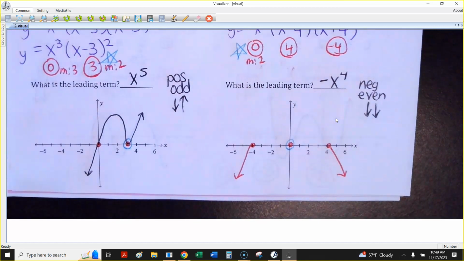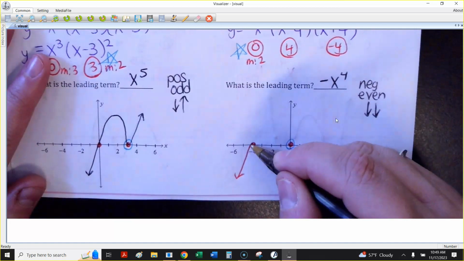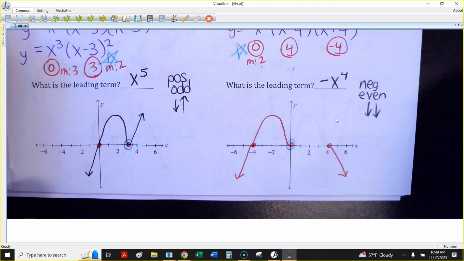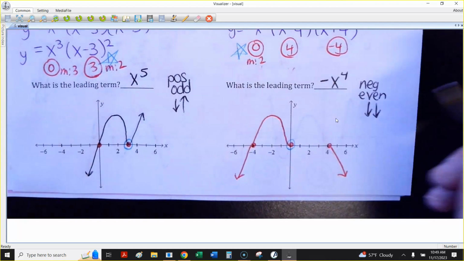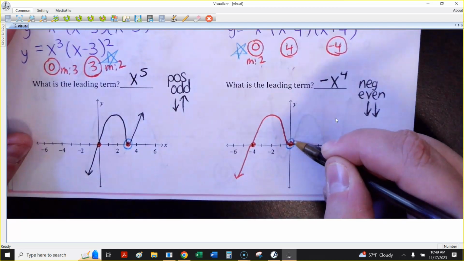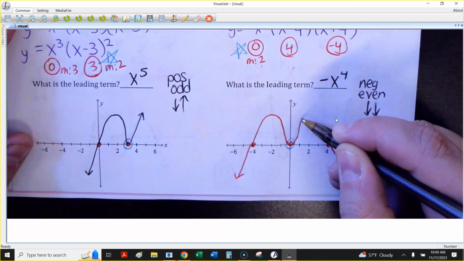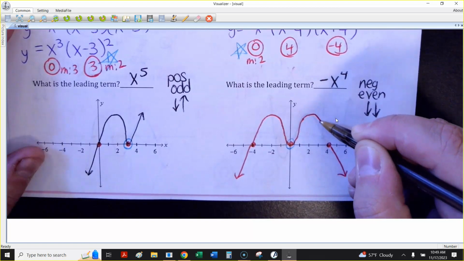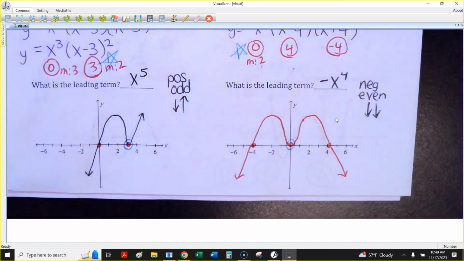And for the -4, I'm going to go through, but I've got to come back down and touch the origin. I'm going to bounce because that 0 had a multiplicity of 2, so I'm going to bounce back, kind of try your best to make it look like a parabola if you can when you bounce. And then I've got to come back down and I go through the 4.